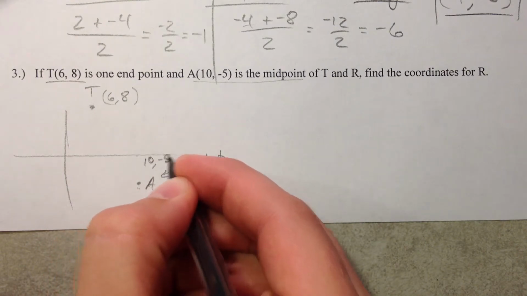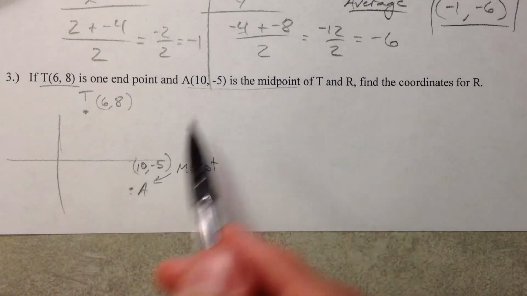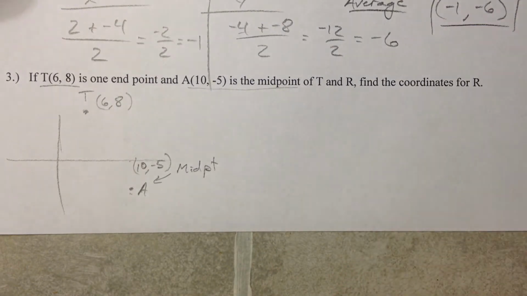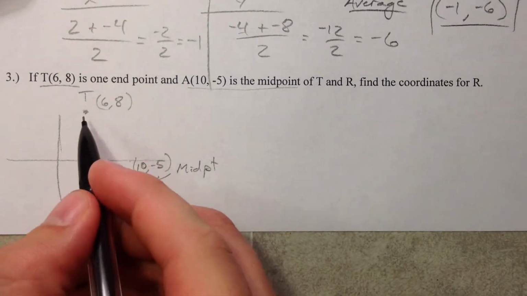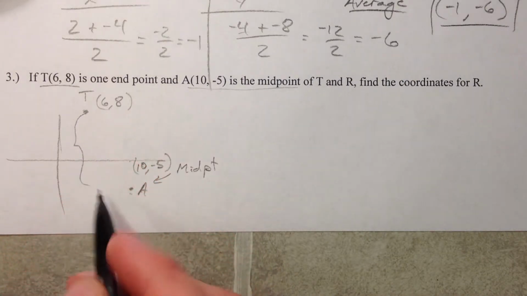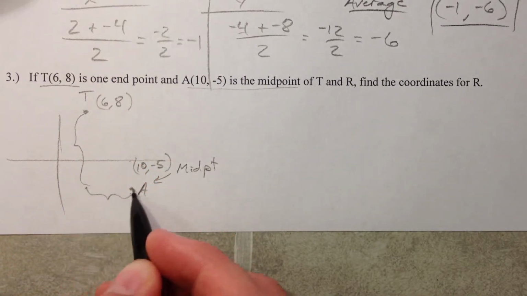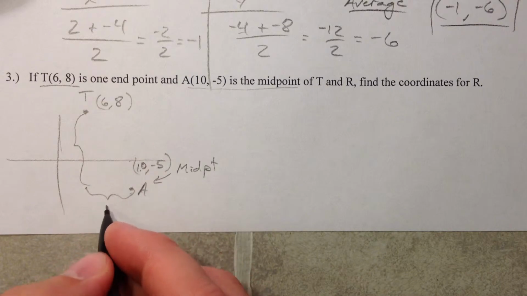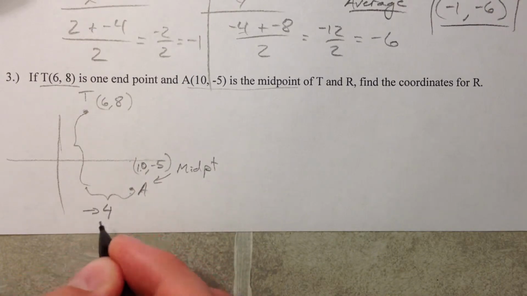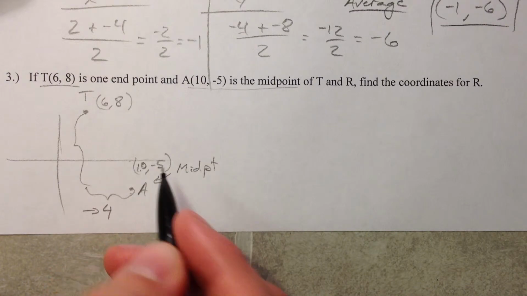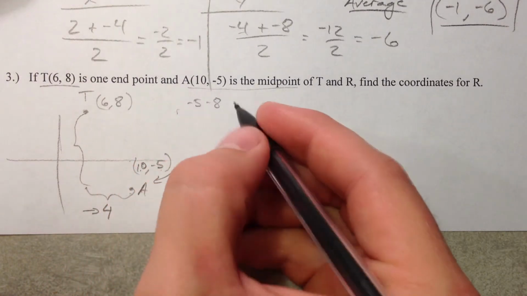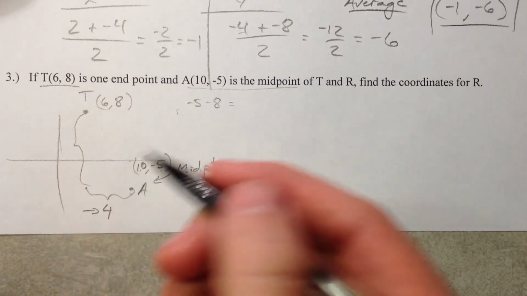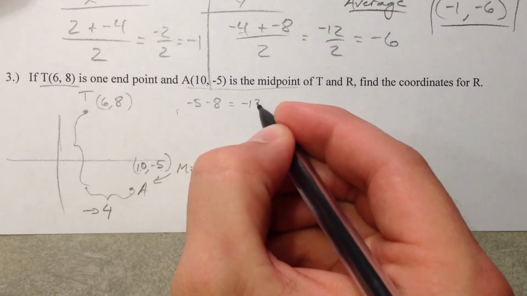And so to find R, we're going to have to go all the way, and unfortunately it's off my paper. Notice that this is 6, 8, and this is 10, negative 5. Now, some people really like to plug it into our midpoint formula, but I don't, because I'm all about the easiest method. One of my students showed me this easy method: to get from the 6 to the 10 as far as the x's go, you have to go to the right 4. And to get from the 8 to the negative 5, you're going down 8 and then another 5, so you're going down 13.